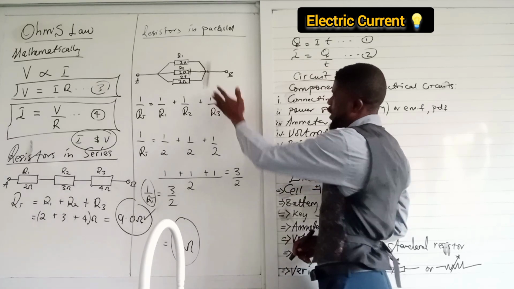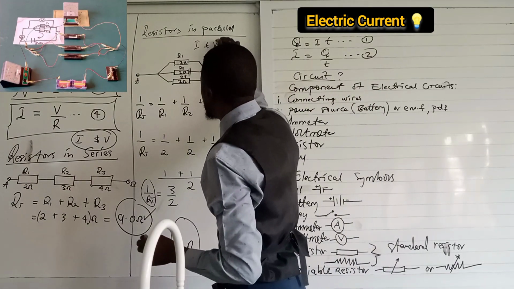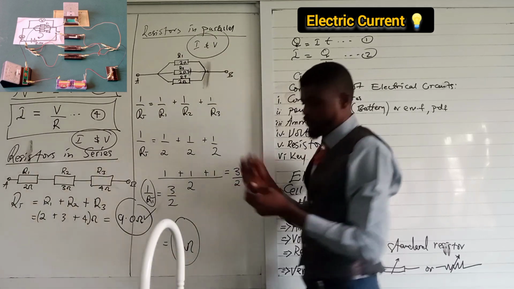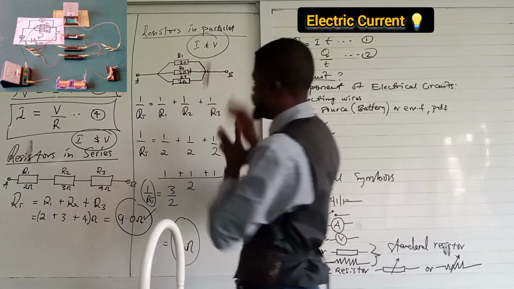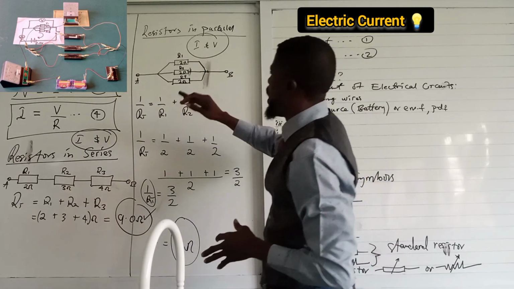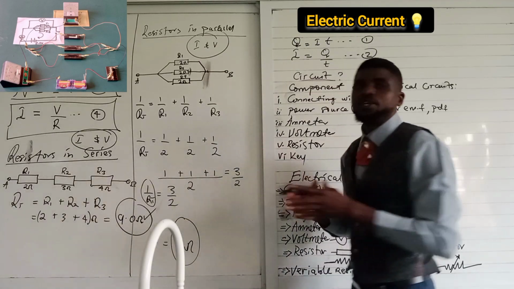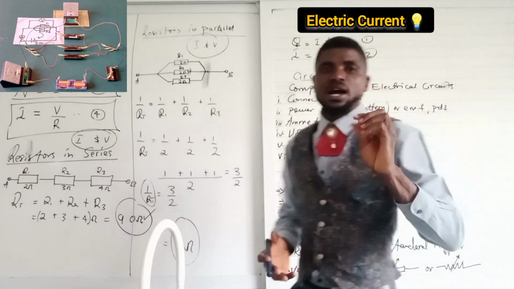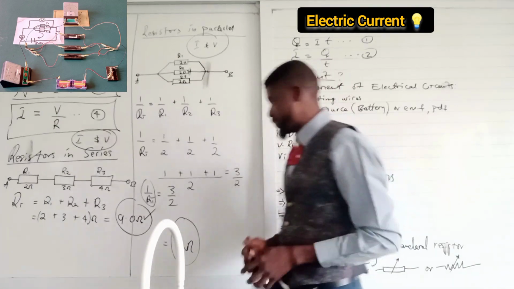When resistors are connected in parallel, what happens to the current and the voltage? You have the same voltage across each of the resistors, but different current across each of the resistors.